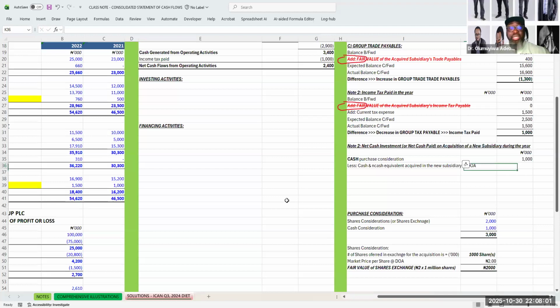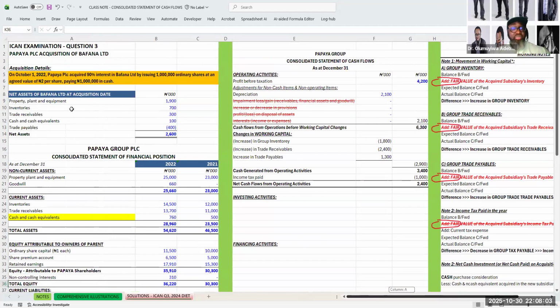And let us go back to the report of acquisition. When we acquired the subsidiary, we acquired PPE of 19, we acquired inventory of 700, we acquired trade receivable of 300, we acquired cash and cash equivalent of 100.